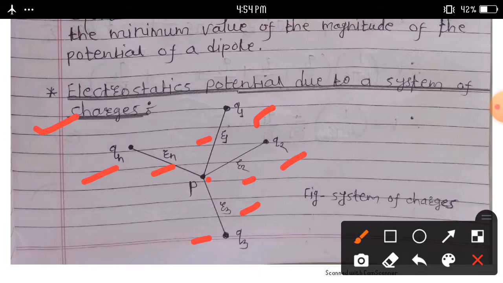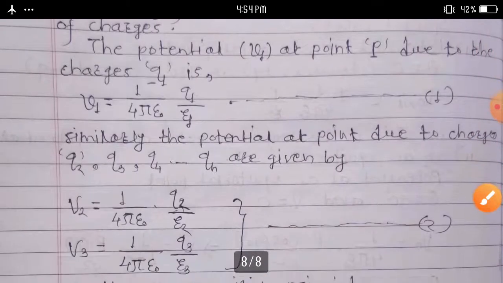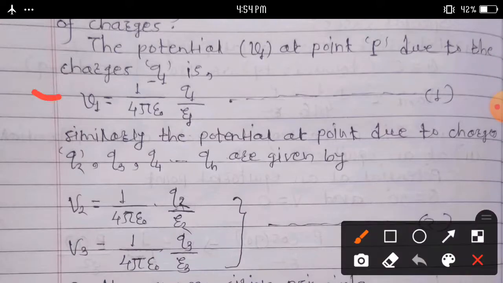Let the potential V1 at point P due to charge q1 be given by V1 is equal to 1 upon 4 pi epsilon naught into q1 upon r1. Consider this equation first.